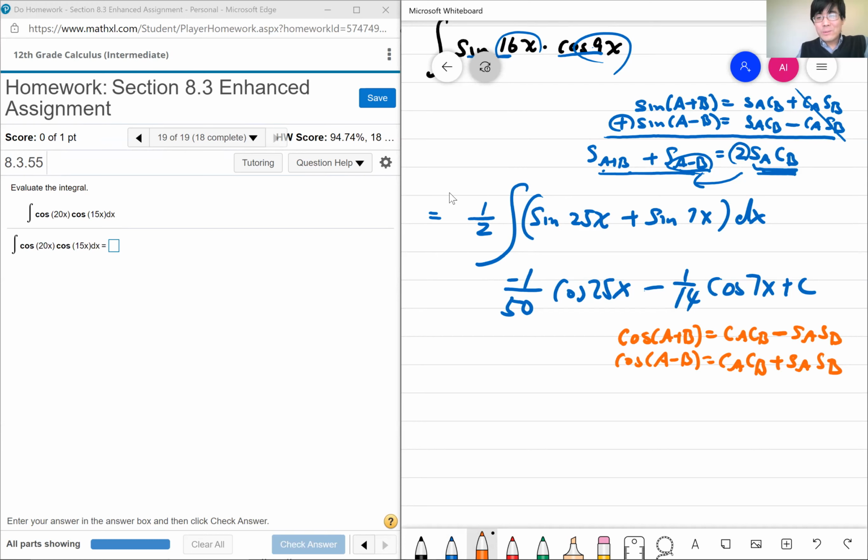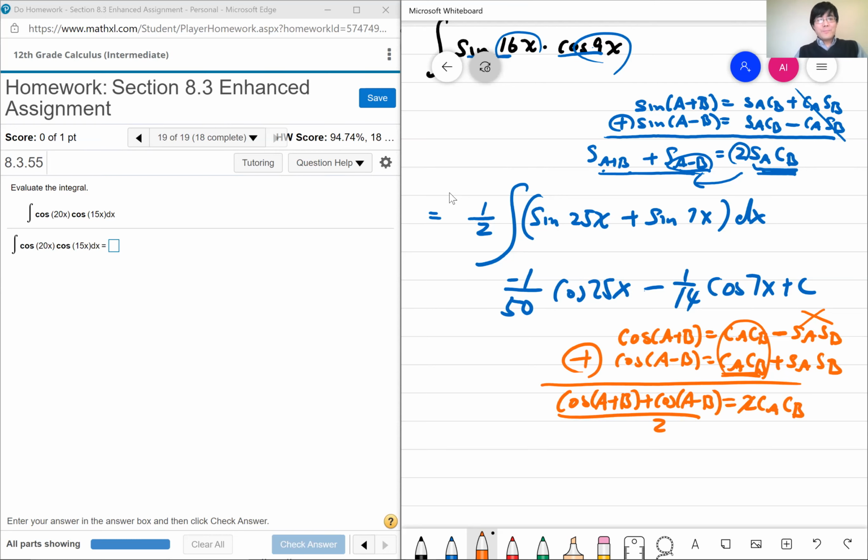If you subtract one from another, you get sine. In this case, you want to get cosine times cosine. So we want to keep this, we want to eliminate this. So you are going to take a sum. Okay, so divided by 2, you're going to get this.